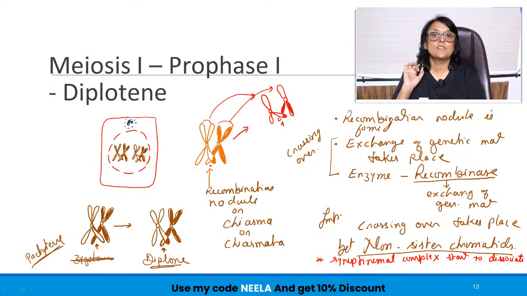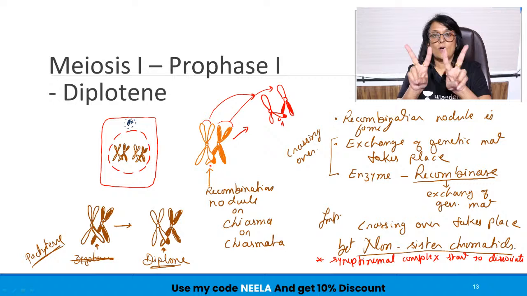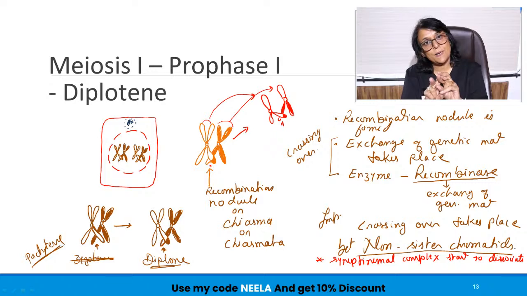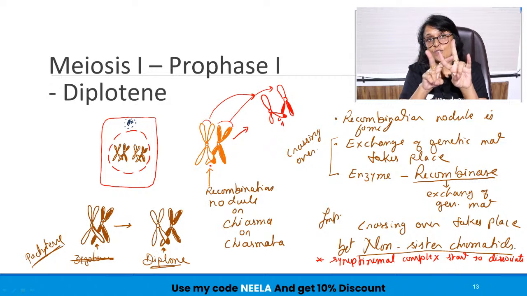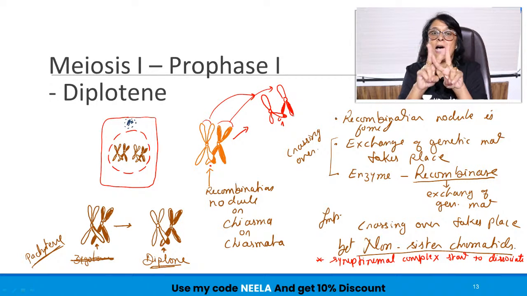Synaptonemal complex will start to dissociate because their job is done, but you still see chiasma. How was chiasma formed? The non-sister chromatids, they overlapped and then they fused. Exchange has taken place. Now how is this cross or chiasma going to separate? How will these two chromosomes separate?